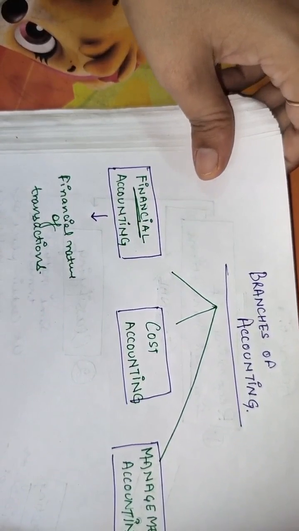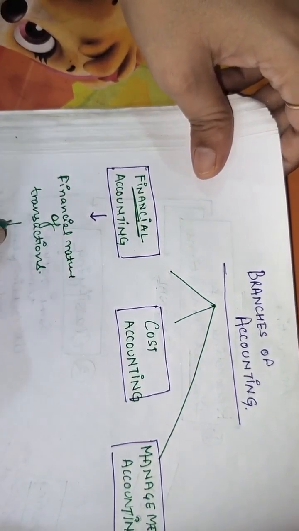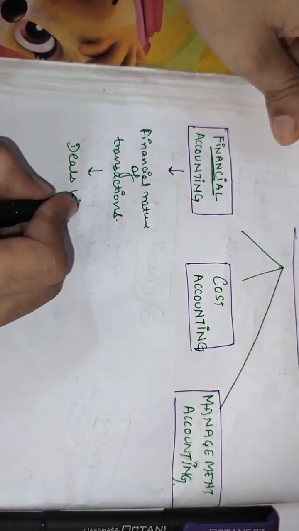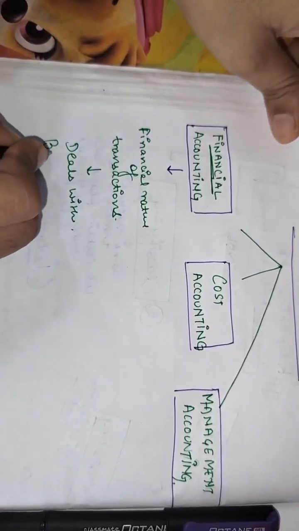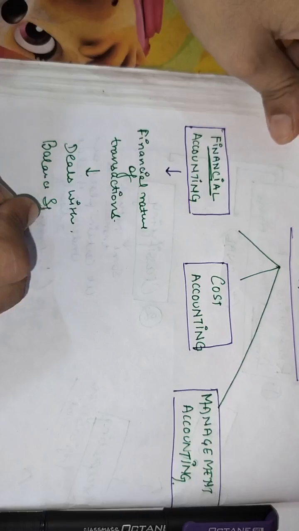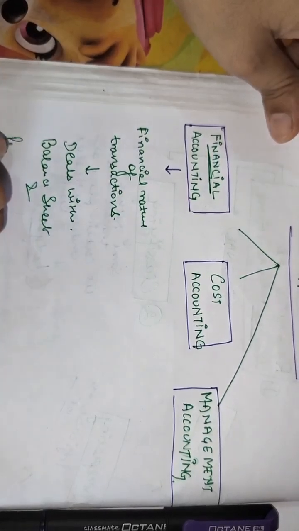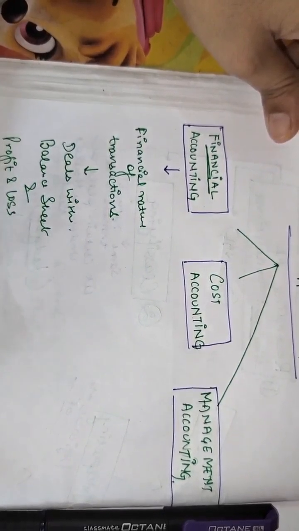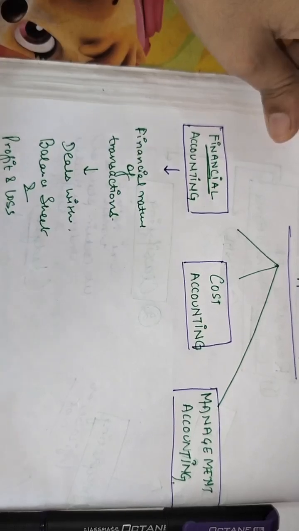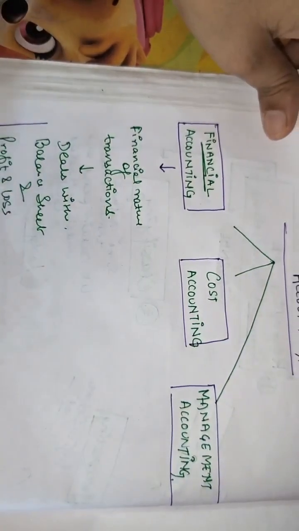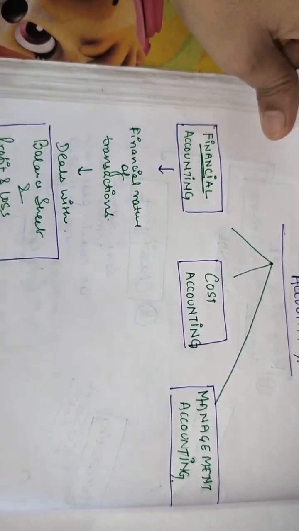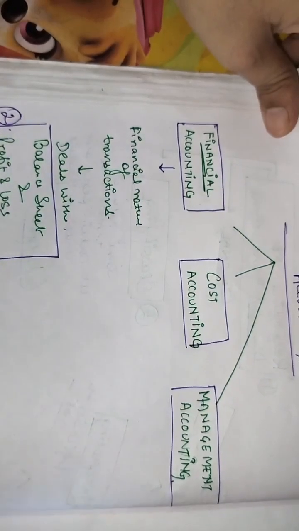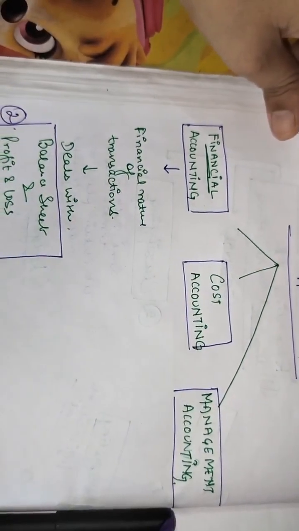It is basically that branch of accounting which deals with balance sheet and profit and loss statement. That branch of accounting which is dealing with these 2 broader concepts will come under financial accounting.